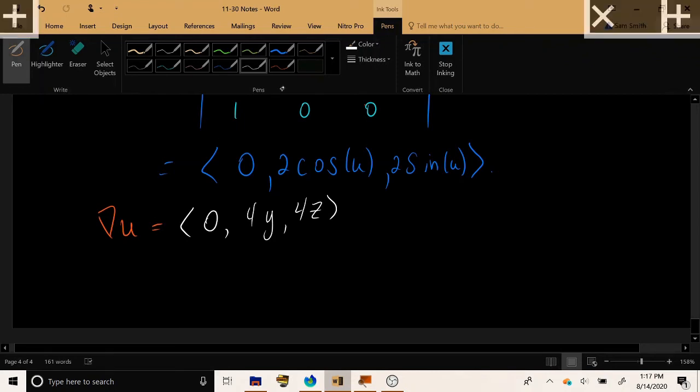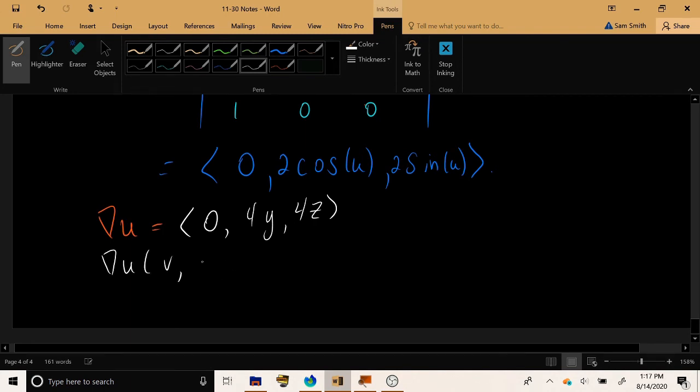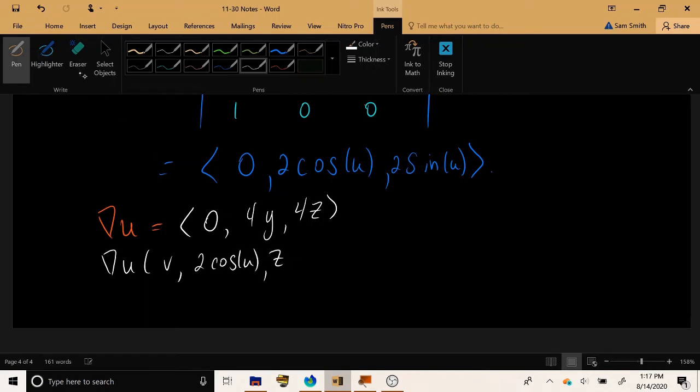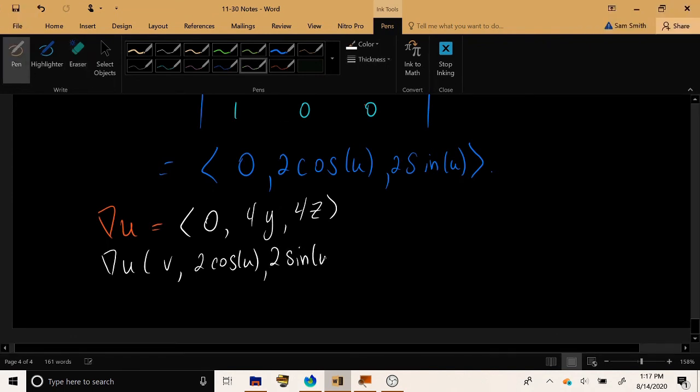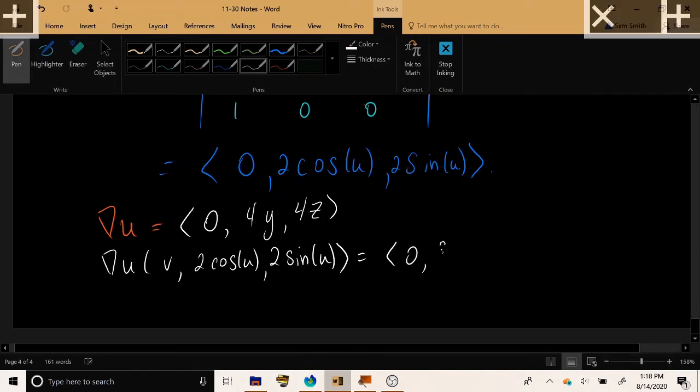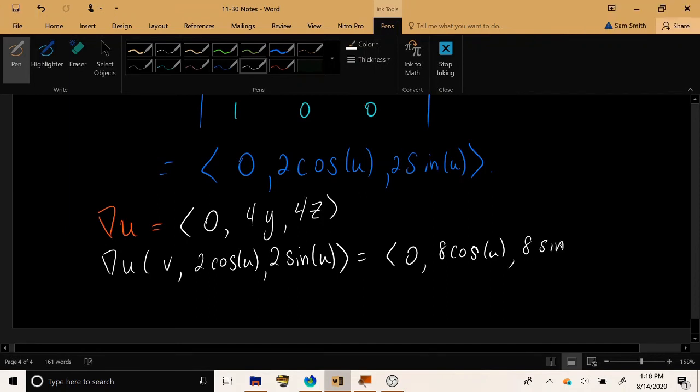And so, if we take the parameterization, where we had x being replaced by v, y being replaced by 2 cosine u, and z being replaced by 2 sine u, and plug that in, we now have 0, 8 cosine u, 8 sine u for our vector field in the correct parameters.